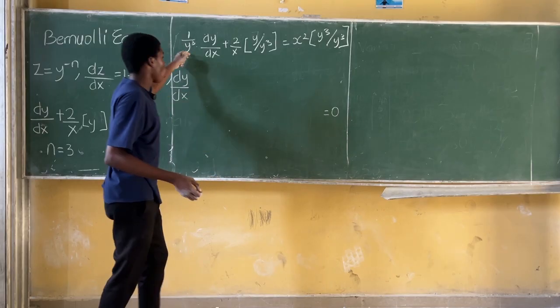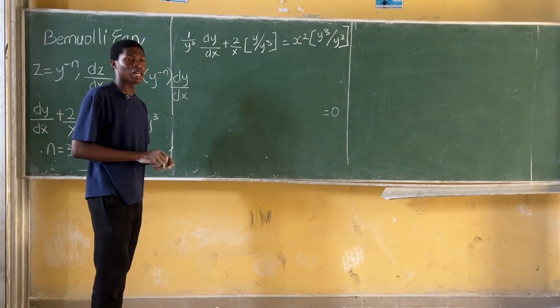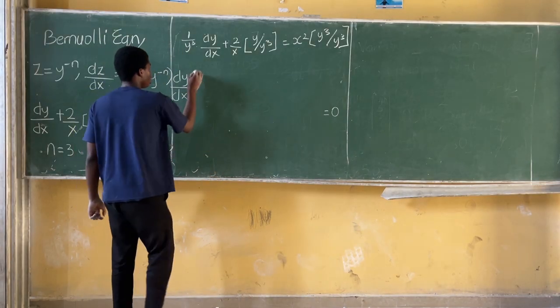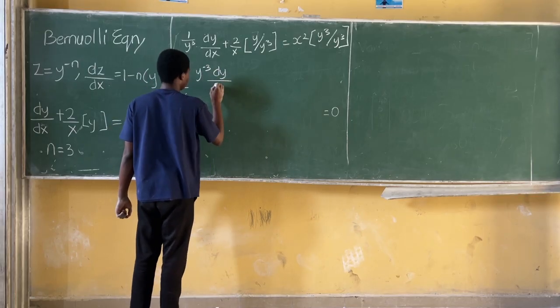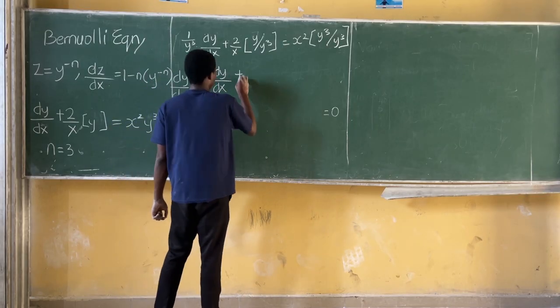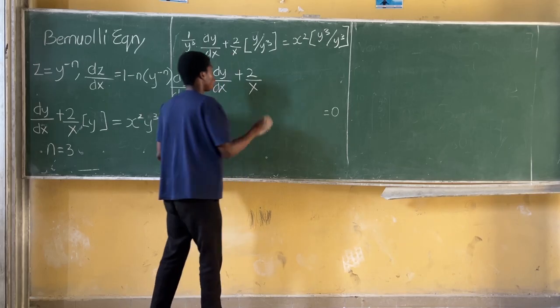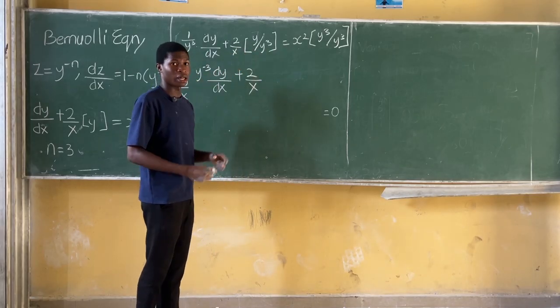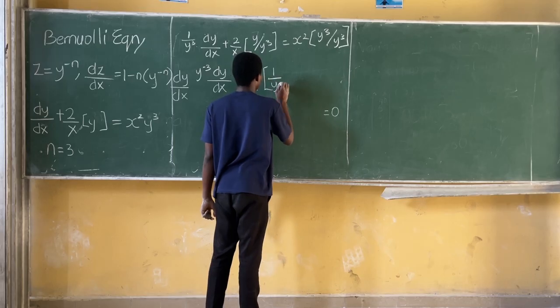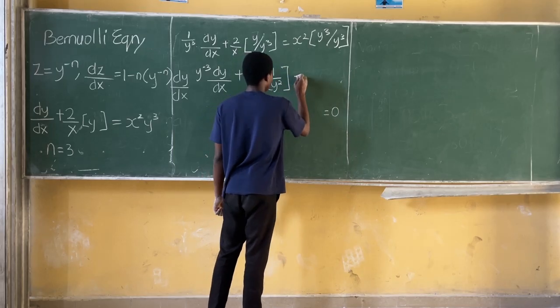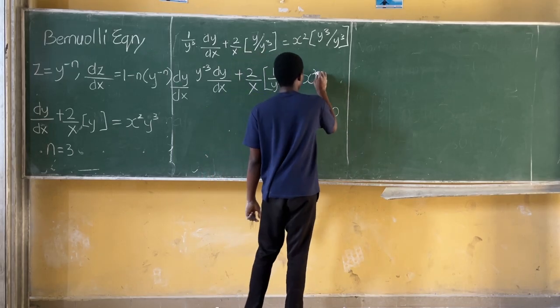We know that 1 over y raised to power 3 is the same thing as y raised to power minus 3. So this is y raised to power minus 3. y divided by y raised to power 3 is going to be 1 over y raised to power 2, is equal to x squared.